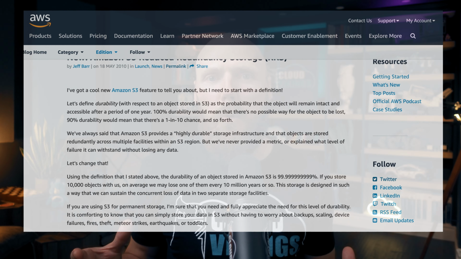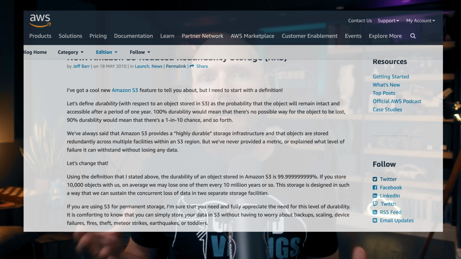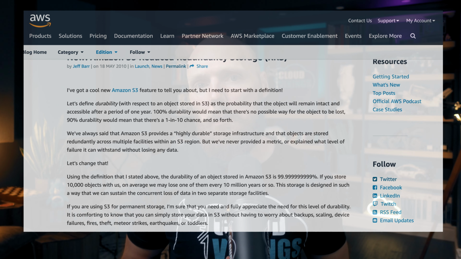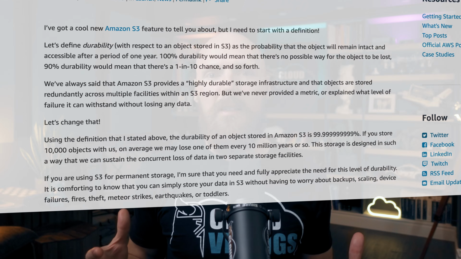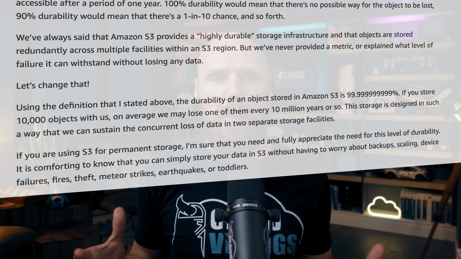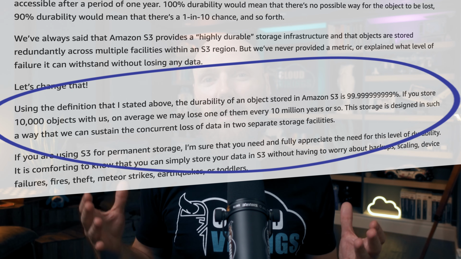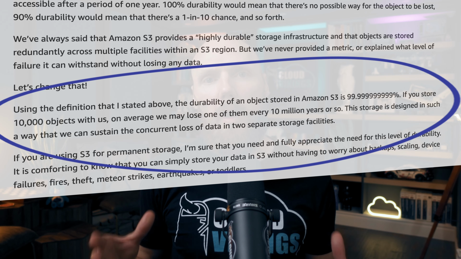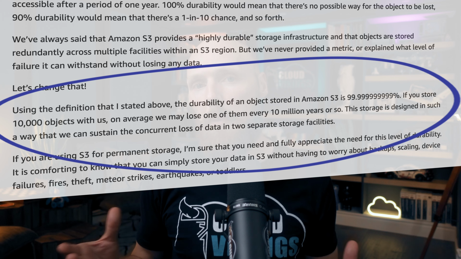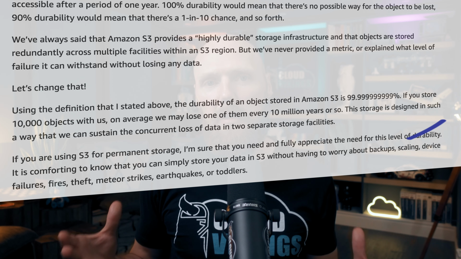This gives us a more real-world example of what this 11 nines of durability actually means for us. So this blog post goes on to say that if we store 10,000 objects into the S3 standard tier of the service, over the span of 10 million years, only one of these 10,000 objects may be lost.